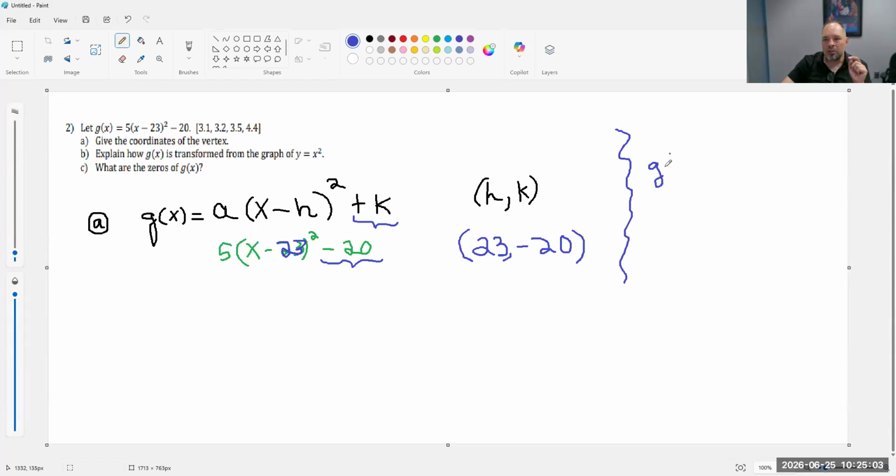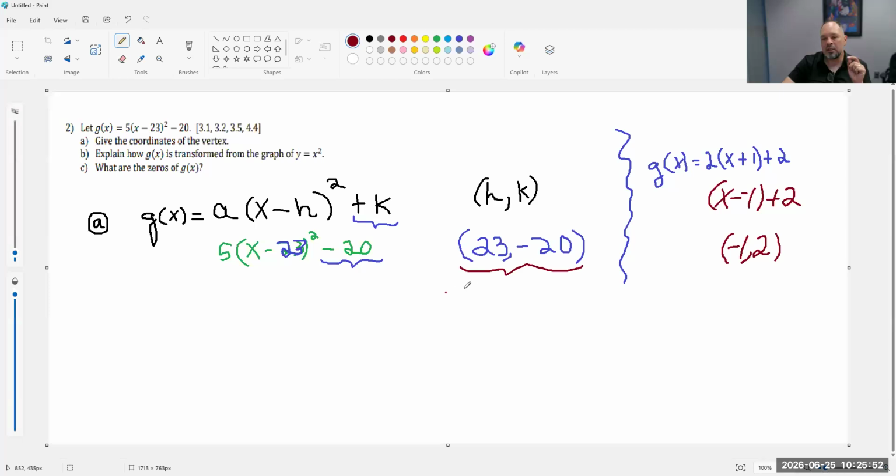If you had been given g of x equals, let's just say 2, and then x plus 1 plus 2, you would need to know that you should rewrite this as x minus -1, but keep the plus 2 as is, because then the -1, 2 would be your h and your k, which is indeed the vertex.